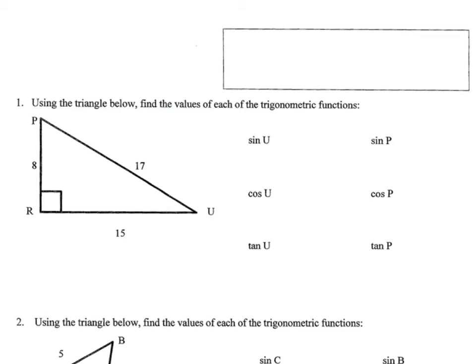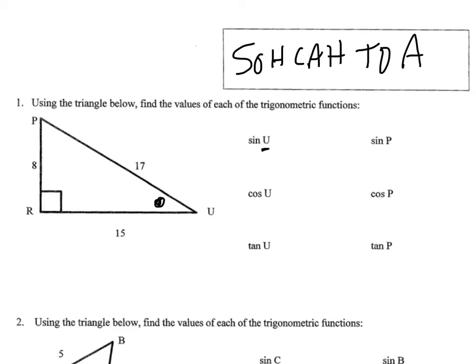Now, working on the next page, we are going to write Sohcahtoa in the top box. Sohcahtoa. And then if we're doing sine of u, we know I'm standing at u. Sine is opposite over hypotenuse. It would be 8 over 17. Cosine is adjacent over hypotenuse.